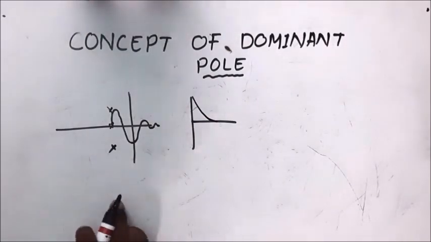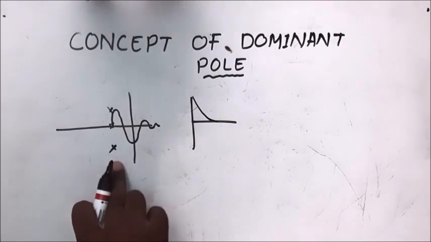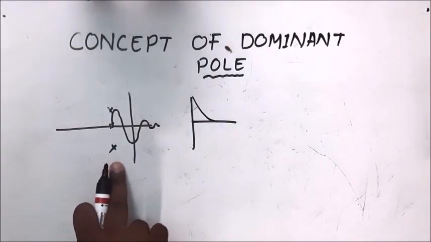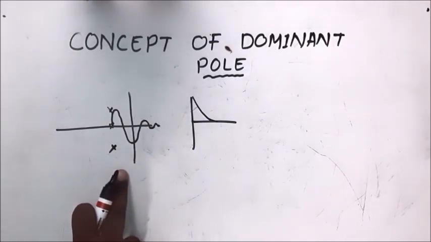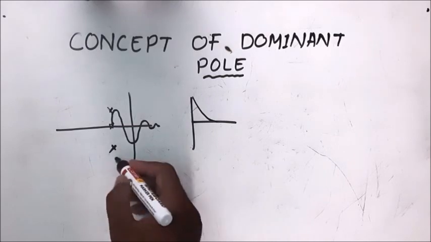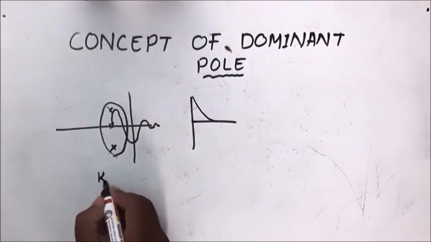Clear? So most often you can see the complex conjugate form of the dominant pole, and this dominant pole plays a vital role in the transient system analysis. Remember this thing.